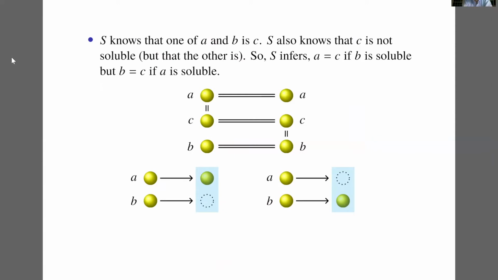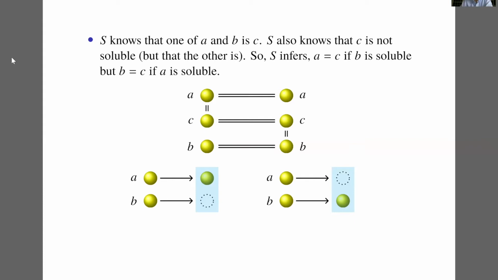S knows that one of A and B is C, like before, but S also knows that C is not soluble. Therefore, it's reasonable for S to infer that A equals C if B is soluble, but B equals C if A is soluble. Sure, but the notion of trans-world identity needed to represent one part of this scenario is going to destroy another aspect of it.